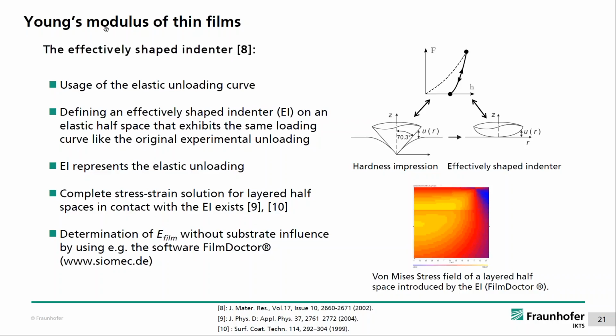You can use the elastic unloading curve and then use an analytical solution called the effectively shaped indenter. There you take the unloading curve, which is assumed to be purely elastic, from the original indenter shape on the deformed substrate, and you fit an indenter shape on the unloading curve that produces the same unloading loading curve, but on a fully elastic half space with an undeformed surface.